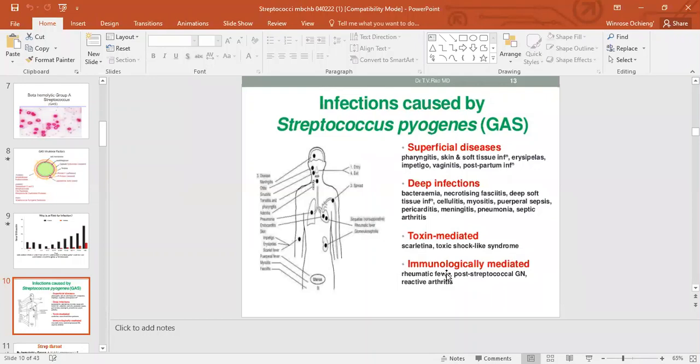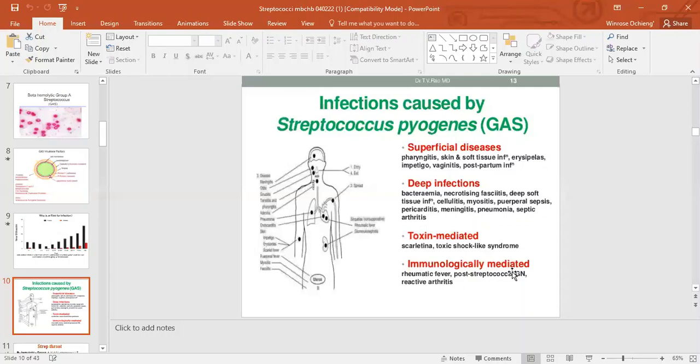And so whenever we get this infection due to Streptococcus pyogenes, there are times, yes, we are healed, but the immunological complexes that were formed when we were trying to fight this infection are deposited. If they're deposited in the heart muscles, we end up having rheumatic fever.